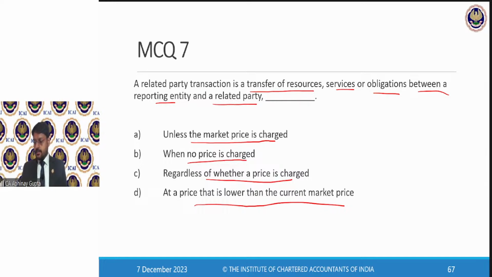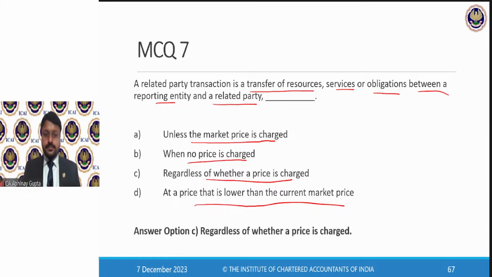A, B, C, D. So regardless of the price is charged, right?